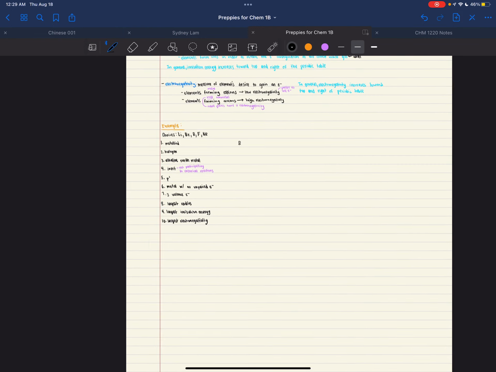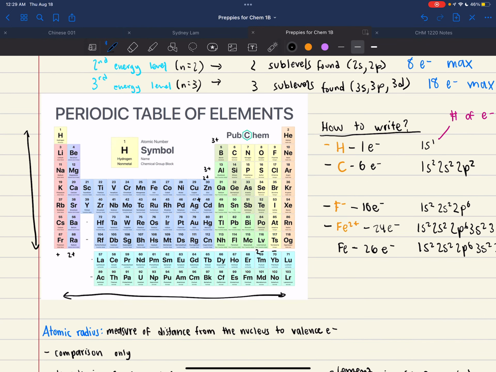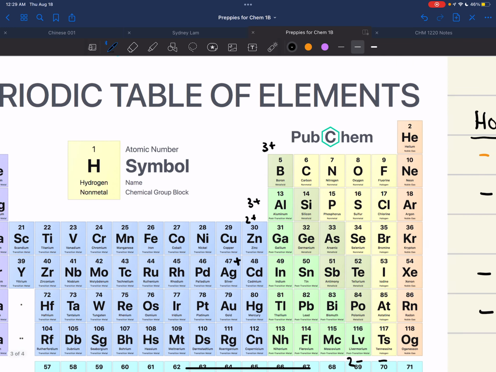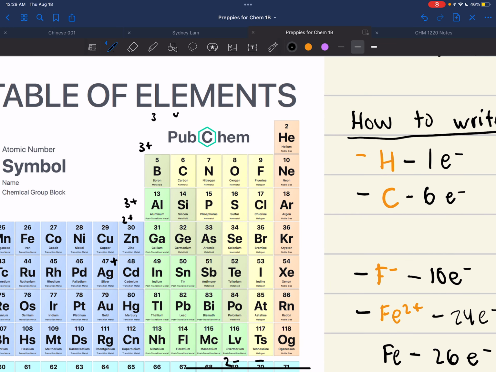Halogens are anything in the group, I believe it was 7A. Yep, 7A, which this chart does not have. So basically, it's 1, 2, 3, 4, 5, 6, 7, 8.